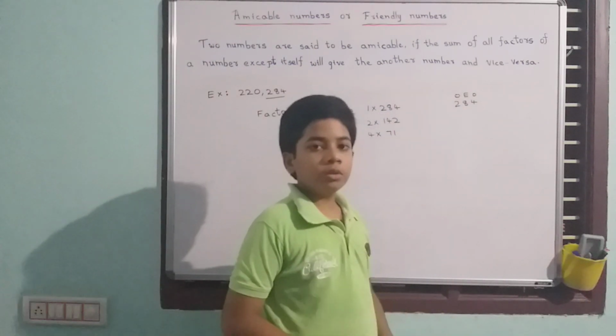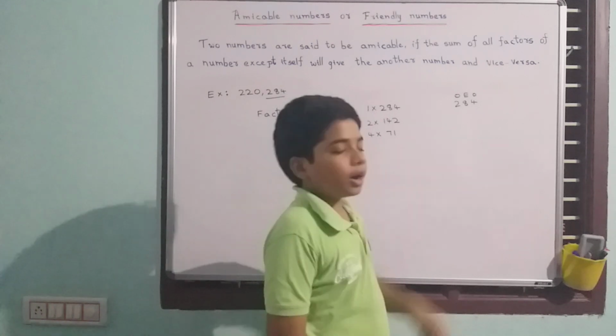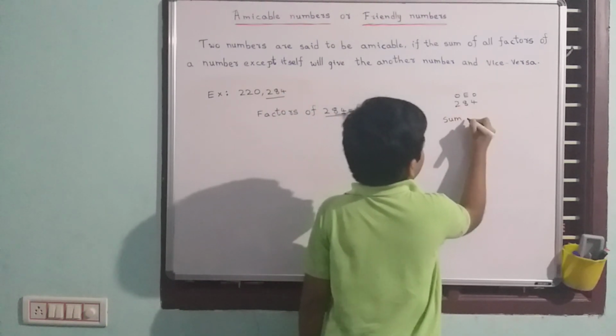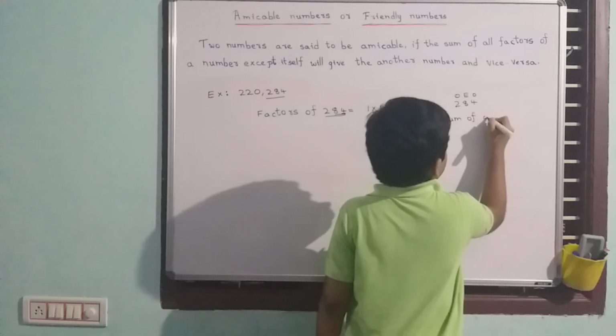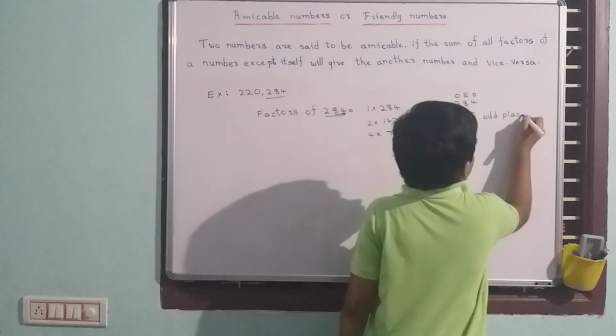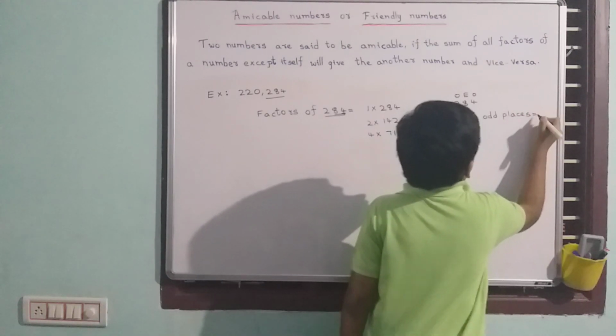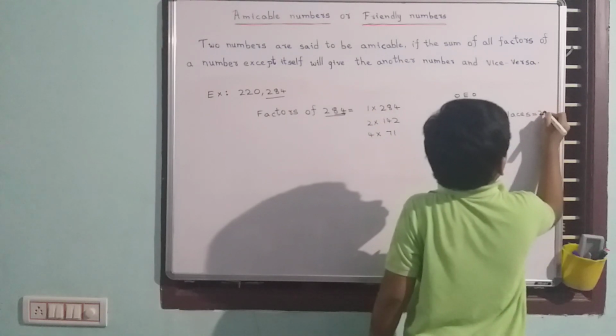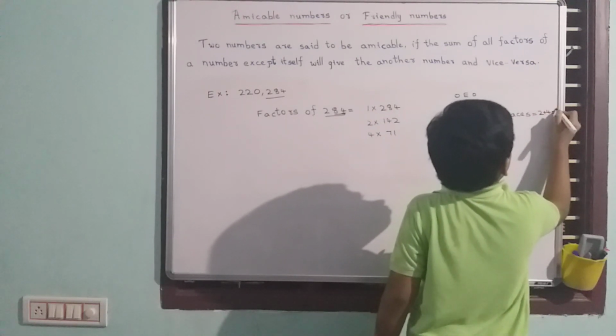Now we have to add the odd places. Sum of odd places is equal to 2 plus 4. 2 plus 4 is equal to 8.